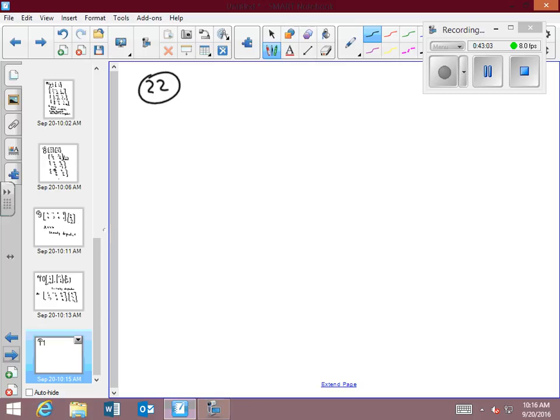Okay, B says if a set contains fewer vectors than there are entries in the vectors, the set is linearly independent. Is it linearly independent?